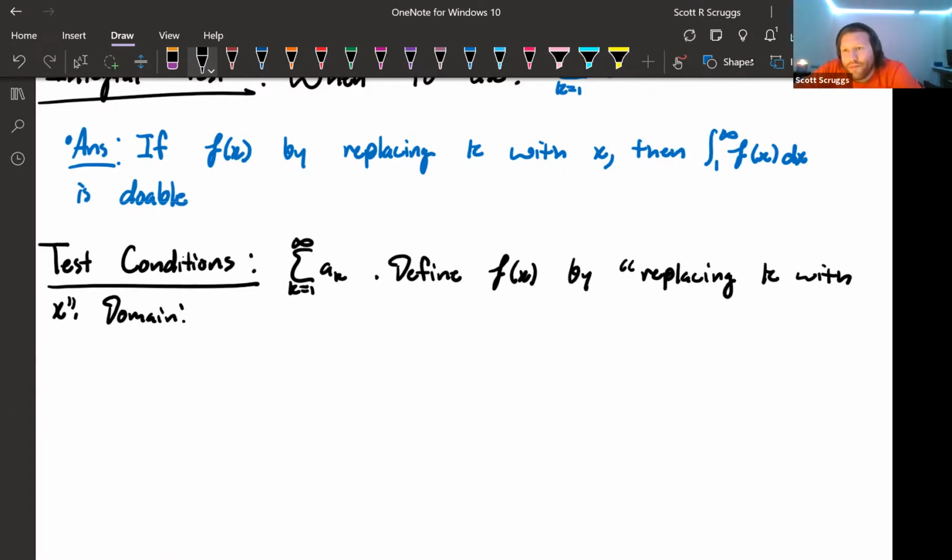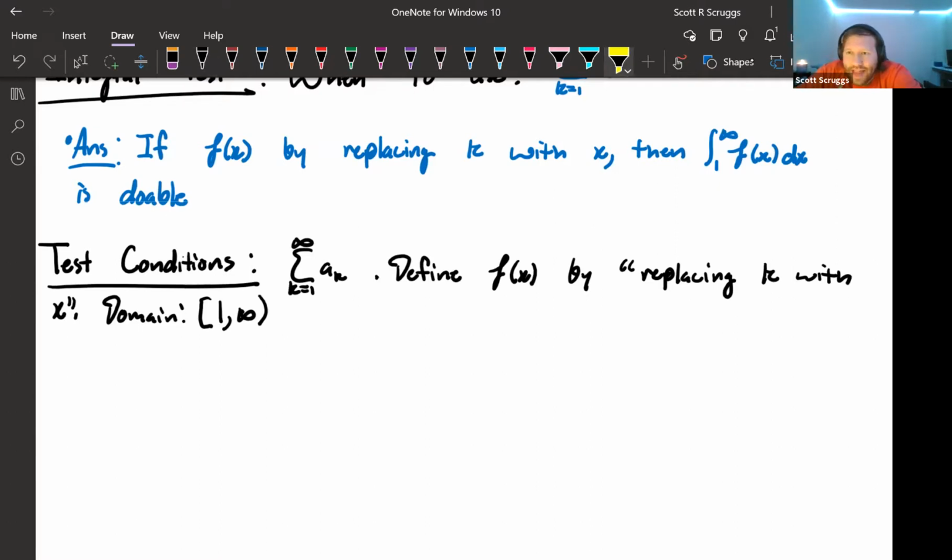And now my domain for this function, to illustrate, I'm going to say that the domain of this function is going to be from 1 to infinity.